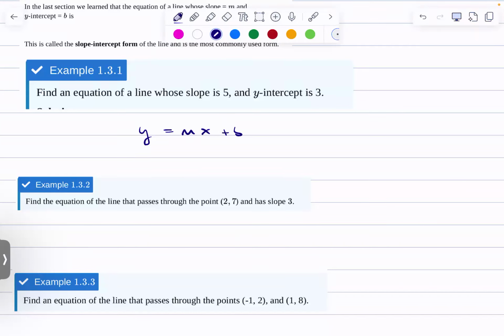This is where you fill in your m and your b. X and y, we just keep as x and y because they have to cover the entire length of the line, from infinity to negative infinity. We're trying to find m and b.